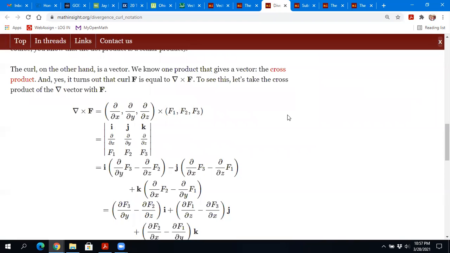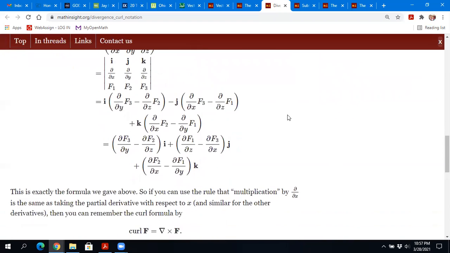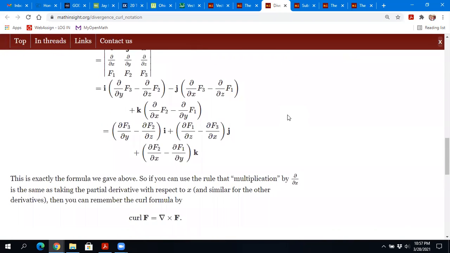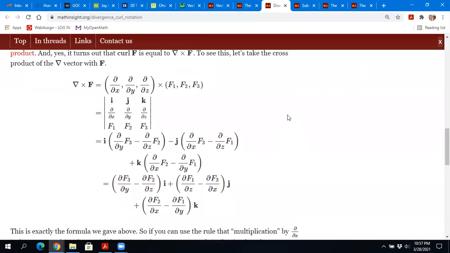You get exactly the formula that was given above. If you just cross del, as if it were a vector, with f1, f2, f3, there's the formula right there. You're going to have to remember your formulas for cross products, though you've already had to do that in this class before. So hopefully that's not too big of an ask.